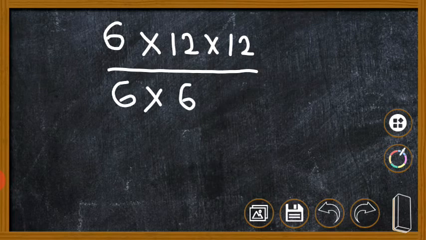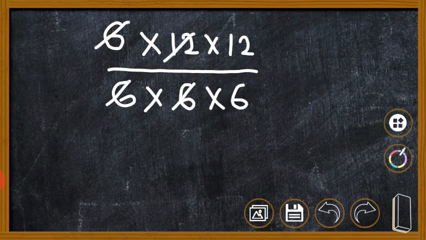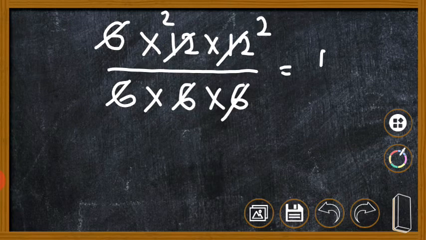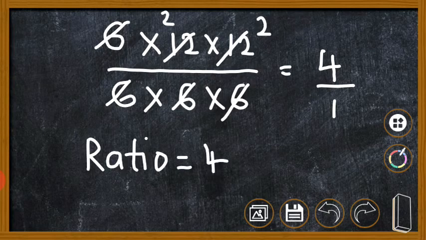So 6 into 6. Okay. 6 cancel. 12 and 6 we can cancel with the 2. So what is the ratio? You will get 4 by 1. Therefore, the ratio is 4:1.